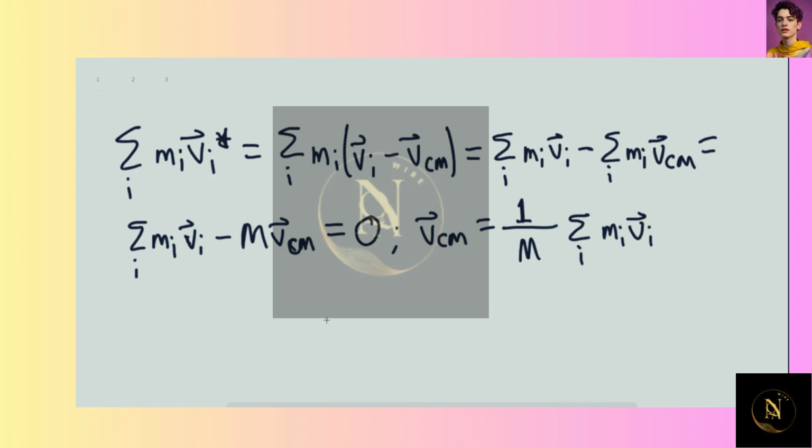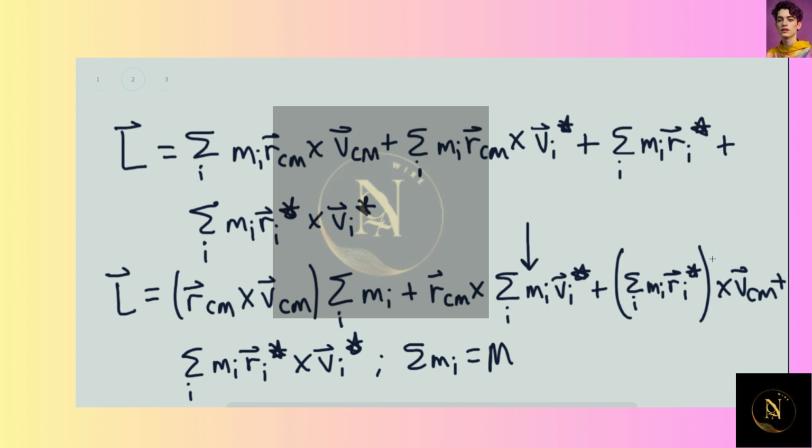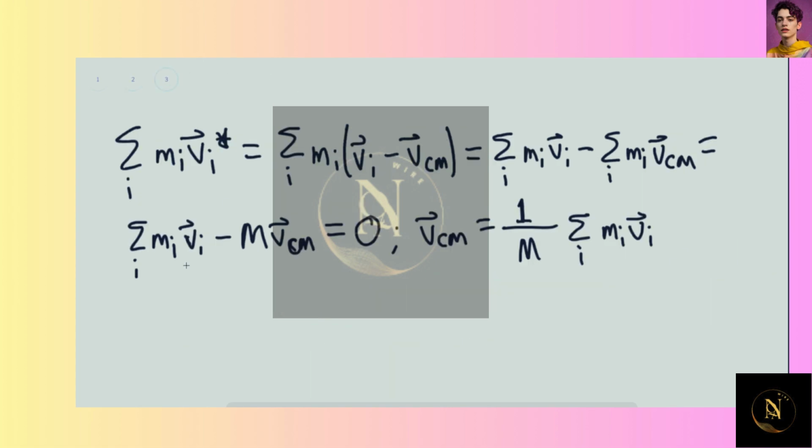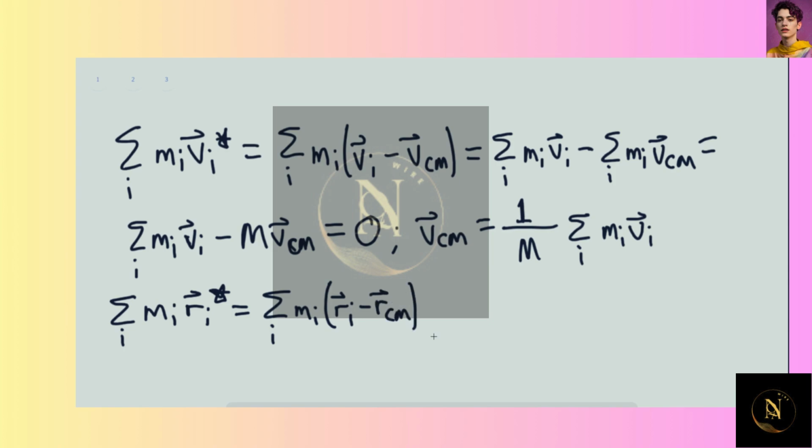So in the third term, going back here, we find that the sum of m sub I r sub I star equals the sum of m sub I times r sub I minus the position of the center of mass.